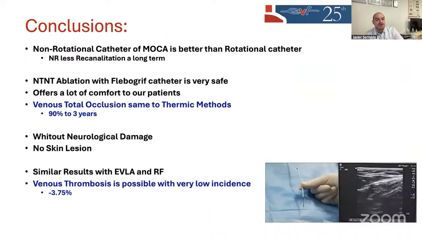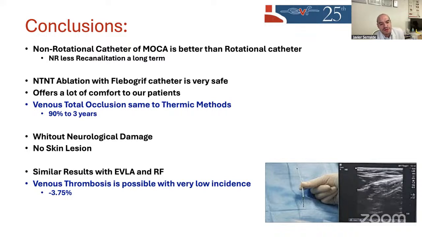So, as a conclusion, I want to say to you that the non-rotational catheter of MOCA is better than the rotational catheter because with the non-rotational technique, we can get less recanalization in the long term, approximately reaching the 5 year. So the non-tumescent athermal technique with non-rotational is very safe, it's very comfortable for our patient.